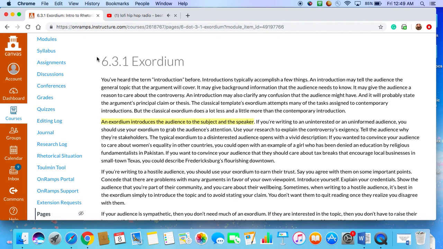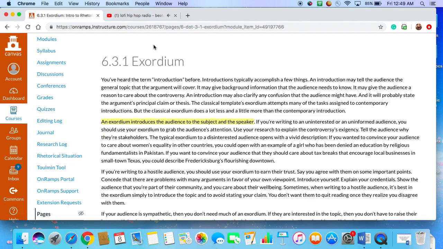Something to keep in mind when creating any of the 6 parts is that the classical template is really focused on being aware of who your audience is and what their stance is on your argument. So each of these portions can be tailored to fit the type of audience.